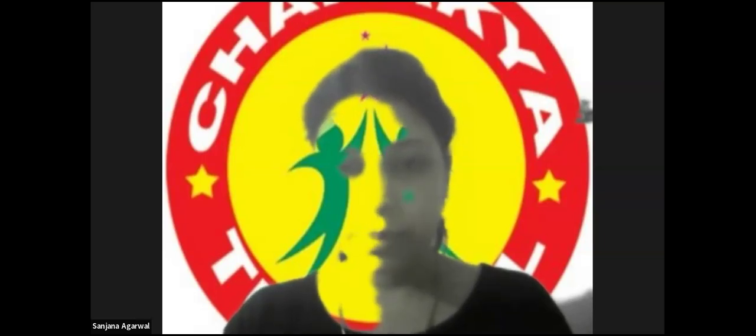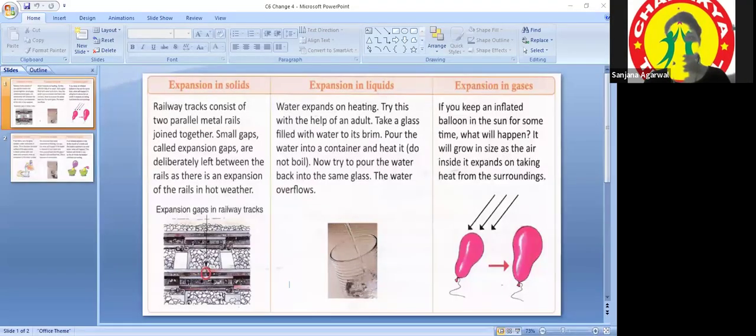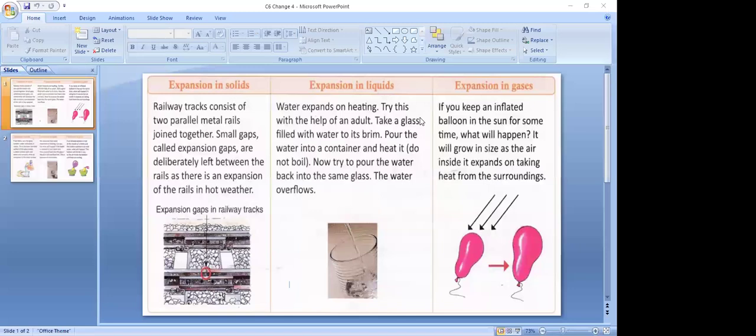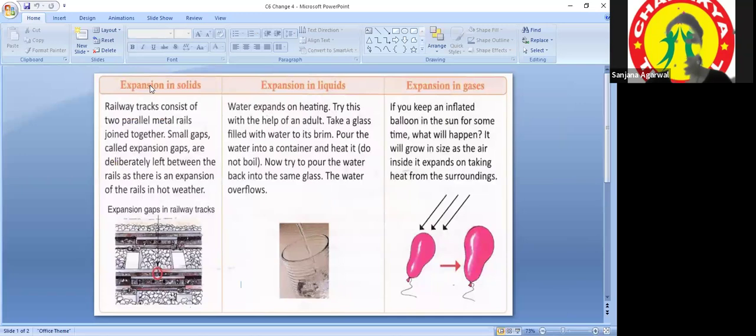Now see, a few examples I'm sharing. I hope it's visible. Yes, ma'am. So expansion in solids is mainly seen in railway tracks that consist of two parallel metal rails joined together. If you have ever noticed, they have a very small gap between two consecutive tracks.